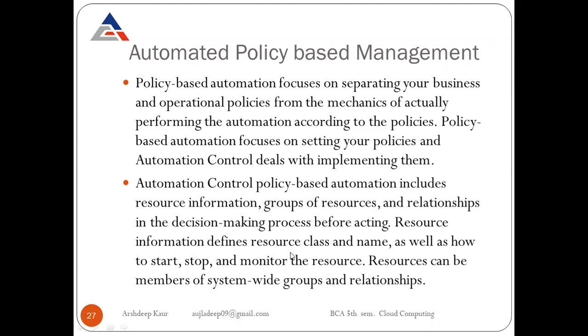Resource information includes a resource class, name of the resources, how to start the resources, how to stop the resources, how to monitor the resources, or resources can be a member of system-wide groups and relationships. So resource name, class, when to start, when to stop, when to monitor, all the information should be provided in this.